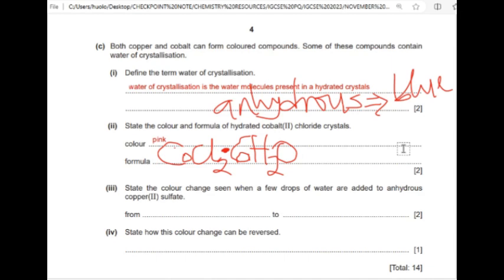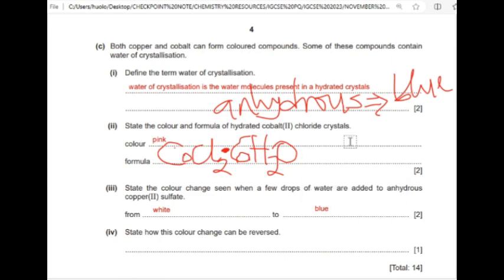Okay, so we go back to our question. Anhydrous copper 2 sulfate is white. The color is different from cobalt. At the moment you add water into it, it changes to blue. So from white to blue it is.